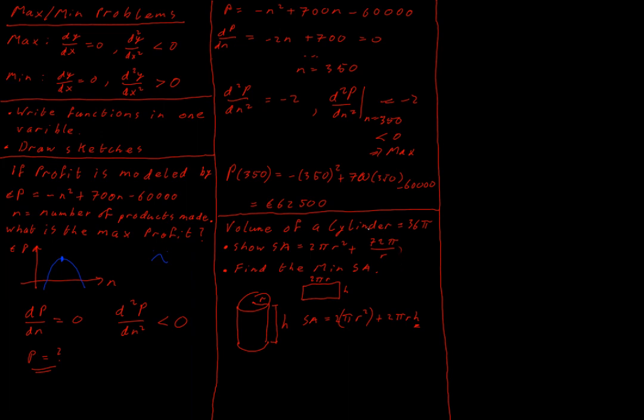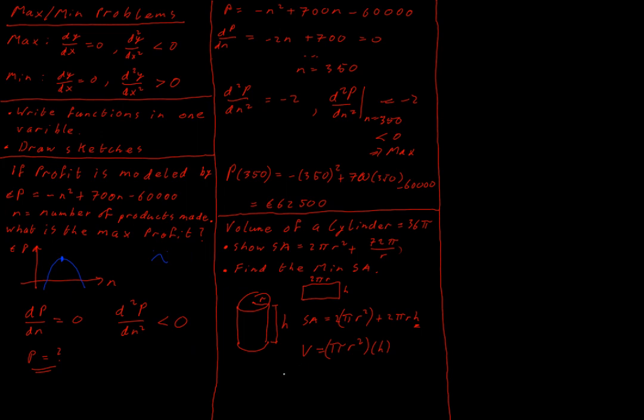Well, I'm told that the volume of the cylinder is 36 pi. So the volume of a cylinder, I go to my log tables, or I can look at it visually, is pi r squared times h. Pi r squared h is the volume of my cylinder.